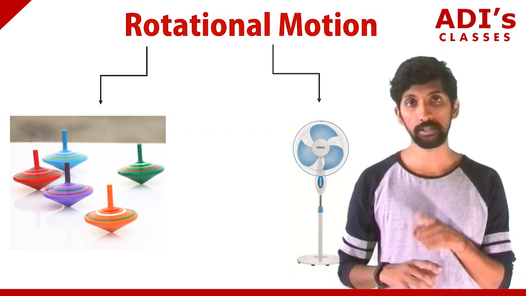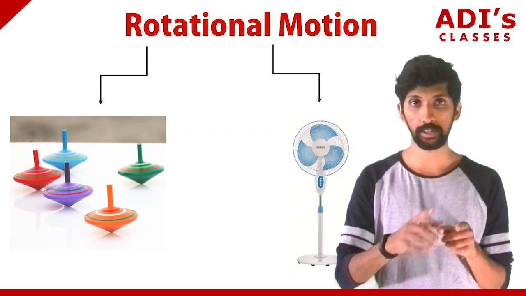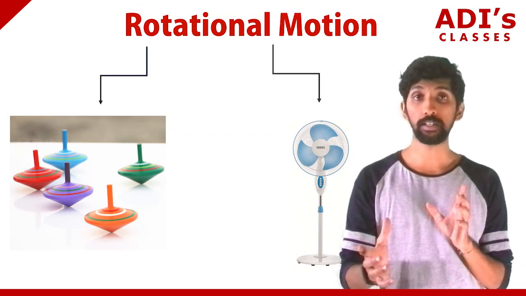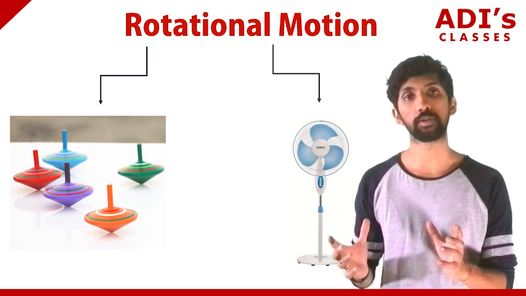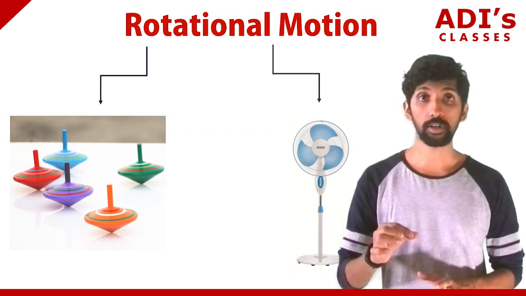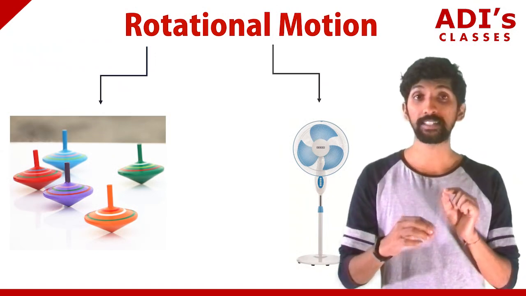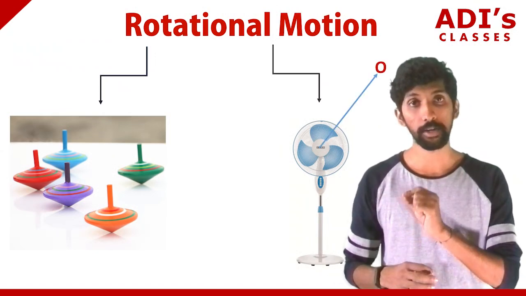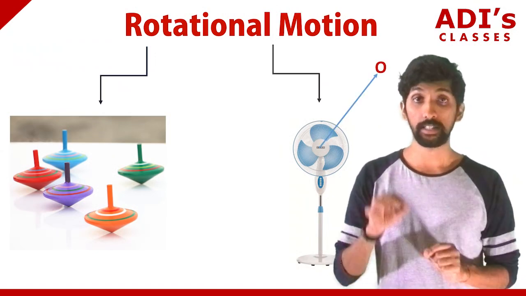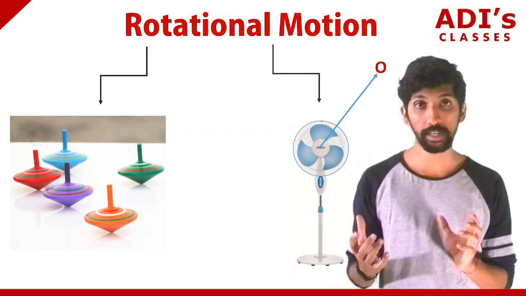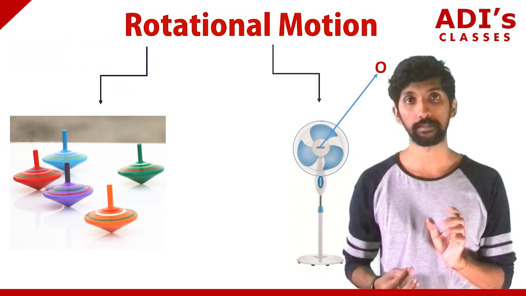One, the fan is rotating with respect to one axis. Then even the whole wings part will also rotate. So here we don't have a particular axis. We have a fixed point. See this point O, that's a fixed point. The whole body will rotate with respect to that fixed point.